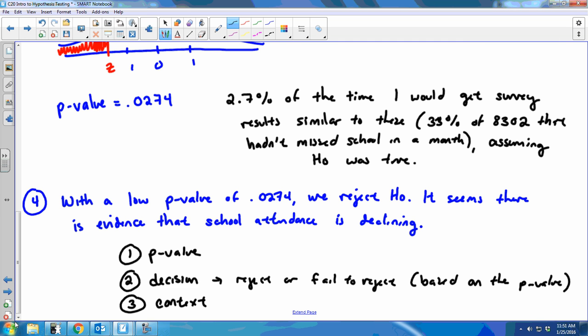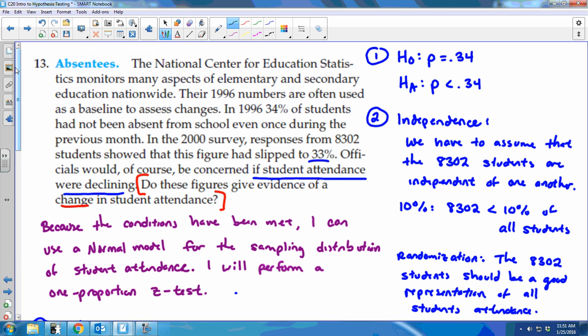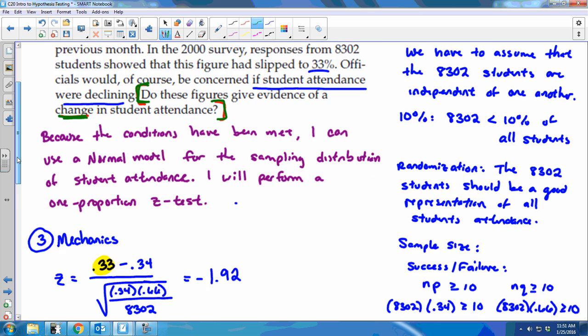Now, I did say we haven't done one where we have p is not equal to. Right? We haven't done that yet. So let's say we interpreted this as give evidence of a change. And we wrote that as p is not equal to 0.34. Okay? So everything is the same. All of the conditions are the same.